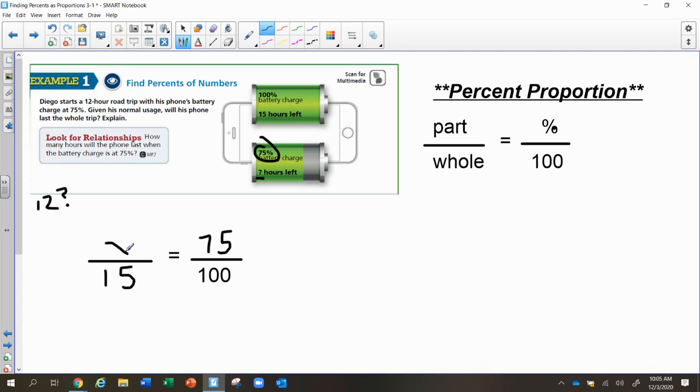So I'm going to fill in that variable with x. So we are done. We set up the percent proportion. We're looking for how many hours out of 15 is 75%, or 75 out of 100. Because if you remember from Monday, a percent is always a fraction out of 100.